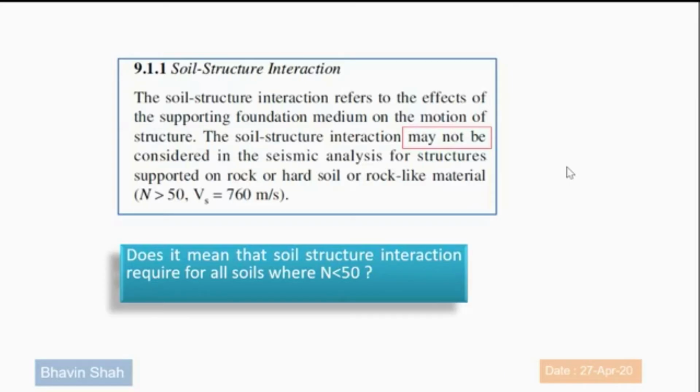That means whenever I have N greater than 50 and the shear wave velocity is greater than 760 meter per second, I need not consider the soil structure interaction. But what does it mean? For the majority of these structures, we might have to consider soil structure interaction, because whenever a structure is supported on, say, medium soil or soft soil, then the soil structure interaction is required as per this clause.